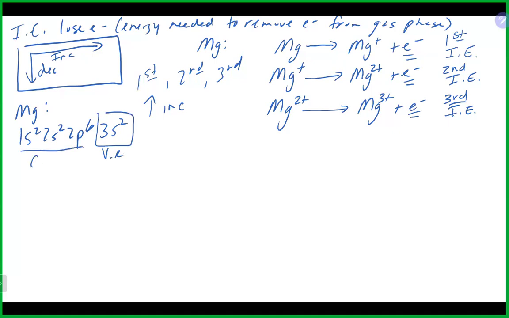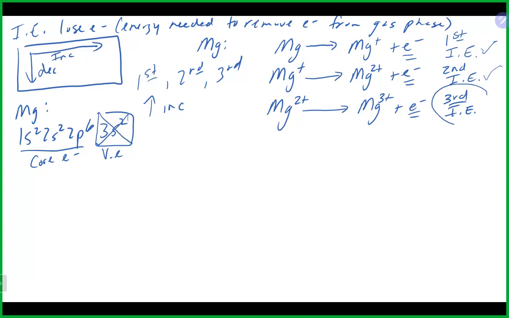These are core electrons. So the first electron is not too bad, maybe like 750 to 900 kilojoules of energy. The second electron, maybe like 1400 kilojoules of energy. It goes up. That is both of the valence electrons.